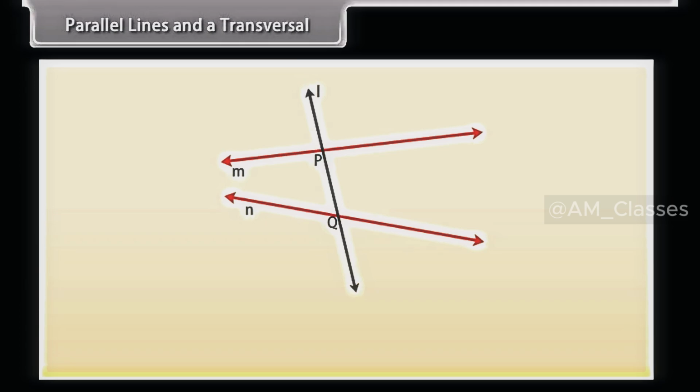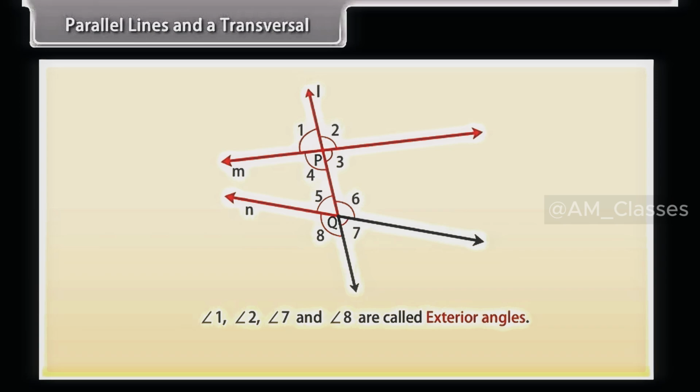Therefore, line L is a transversal for lines M and N. Observe that 4 angles are formed at each of the points P and Q. Let us name these angles as angle 1, angle 2, angle 3, angle 4, angle 5, angle 6, angle 7, and angle 8. Angle 1, angle 2, angle 7, and angle 8 are called exterior angles, while angle 3, angle 4, angle 5, and angle 6 are called interior angles.